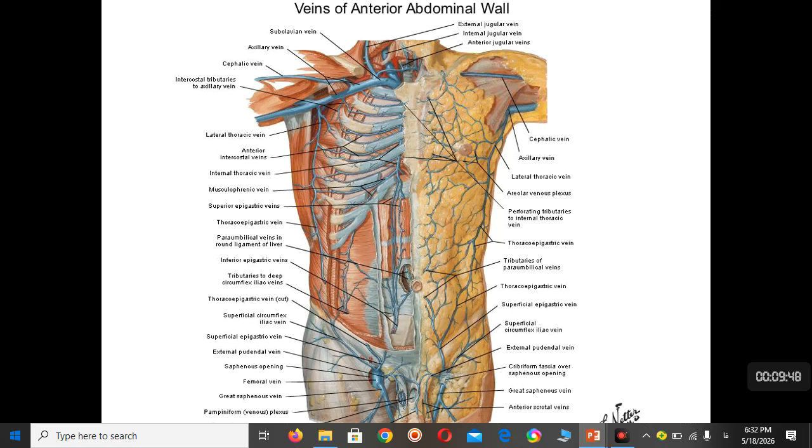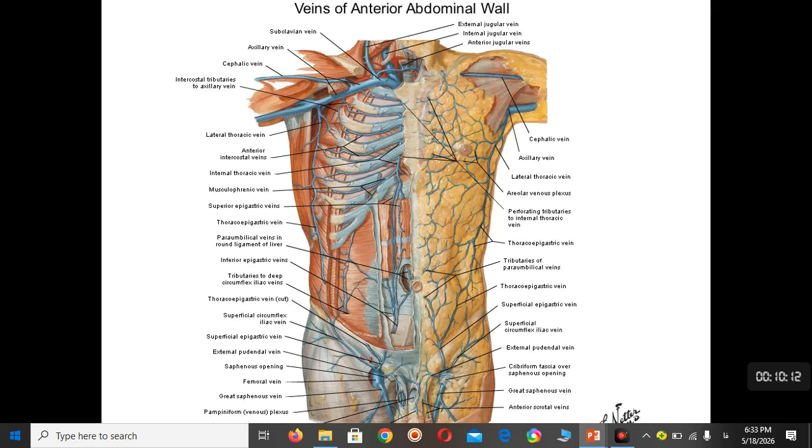I told you it has 4 walls. One wall is the anterior wall, from the external aponeurosis of the external oblique. Thus, the anterior wall of the inguinal canal is the external oblique aponeurosis.